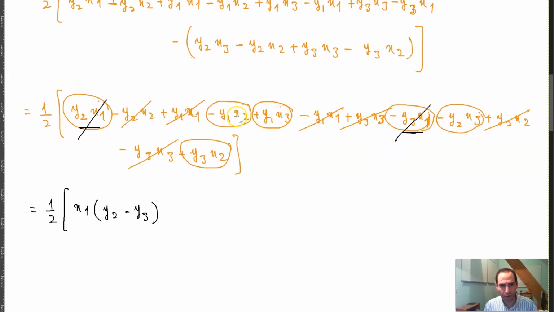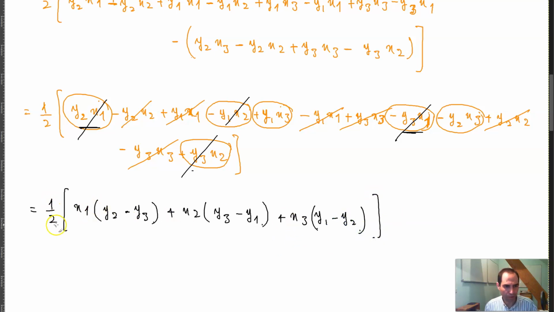And then you have x2 over here, which means that you can write x2 times y3 minus y1, and then you can cancel that out, and then you have x3 over here times y1 minus y2. So you have 1/2 times x1 (y2 minus y3) plus x2 (y3 minus y1) plus x3 (y1 minus y2). That is the area of the triangle.